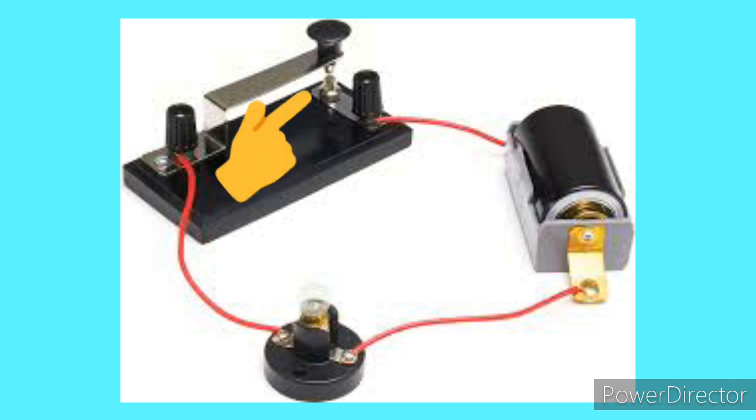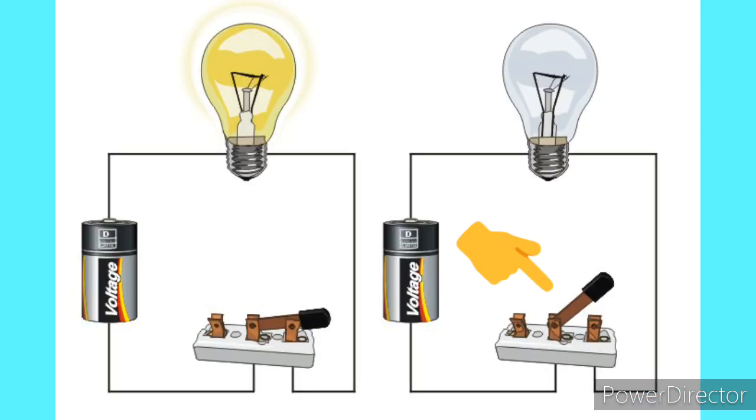When the switch closes the gap, then the circuit is closed. Thus, the electricity will flow. This is a complete circuit. When the switch is open or there is a gap in a circuit, the electricity won't flow. This is an incomplete circuit.